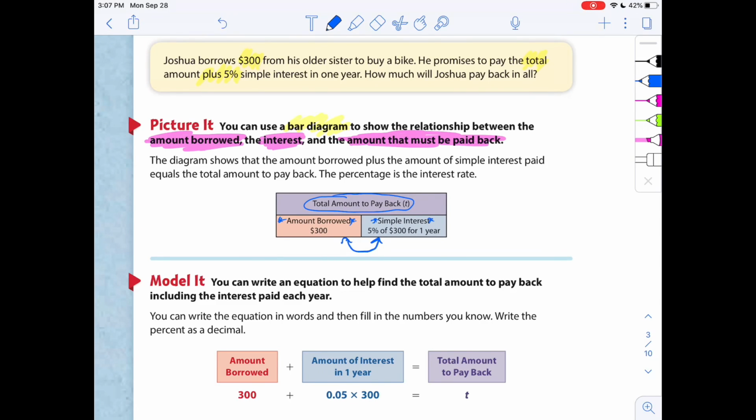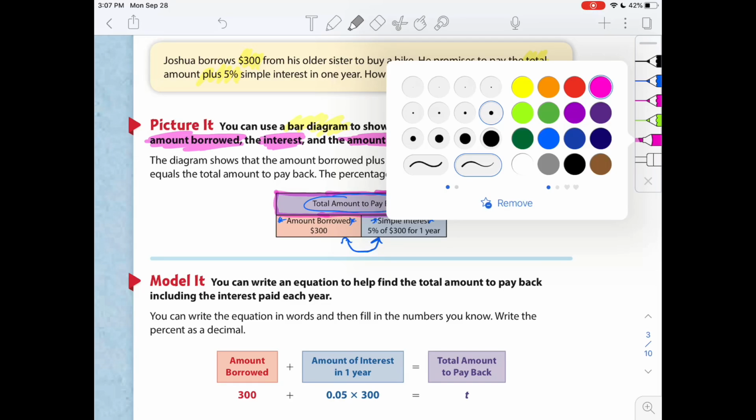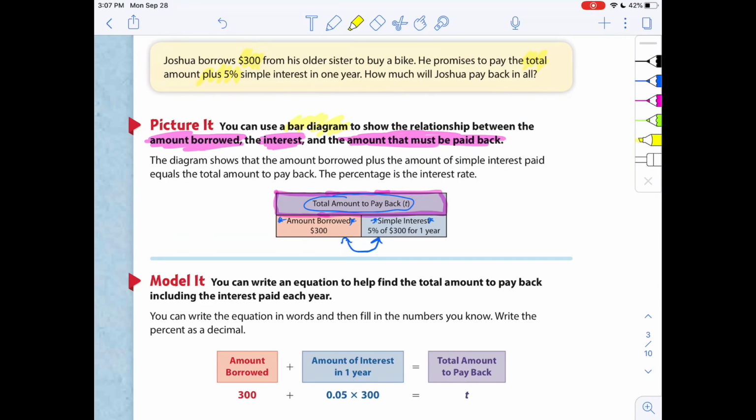So remember, this whole top bar represents 100% of what he's going to pay back. And then we can break it apart into two parts. He's going to pay back the amount he borrowed plus 5% of that amount he borrowed.